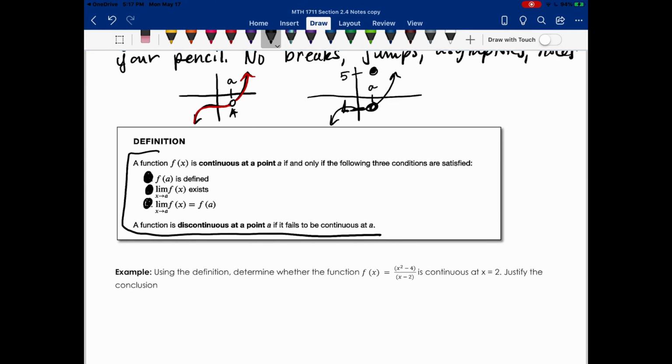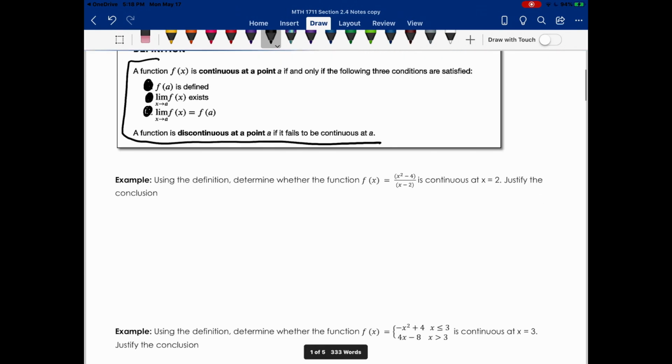So there's a hole here, but the value of the function is somewhere else. And so this would be discontinuous. By the intuitive understanding, there's a break in the graph. But by the rigorous definition, it wouldn't be continuous because the value of the function and the limit at that value of x are not the same. If any one of these fails, then the function just isn't continuous.